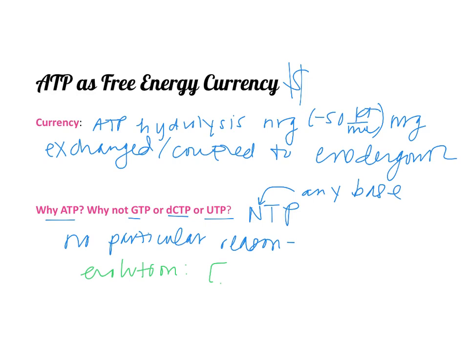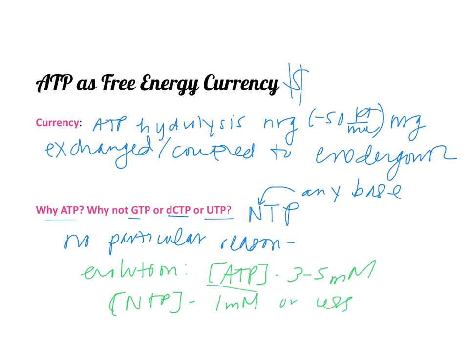There's just a higher concentration of ATP than the other NTPs. So in the cell, ATP is about 3 to 5 millimolar, where the other NTPs are about 1 millimolar or less. So there's just more of ATP in the cell, and so it's used more frequently.